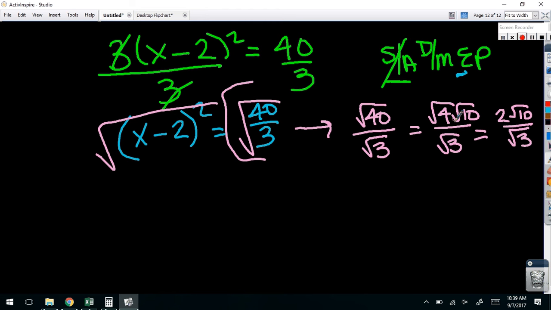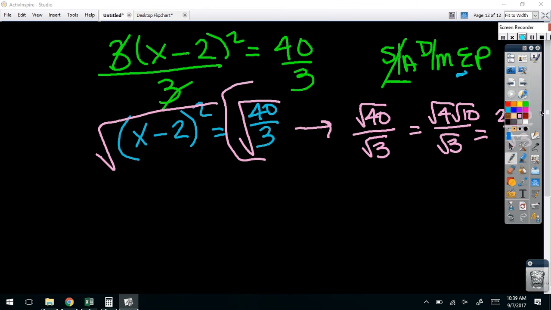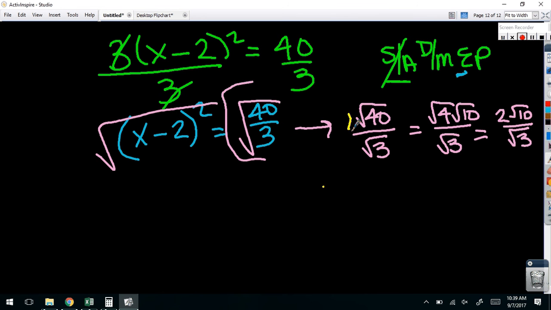We just simplified it, just like we did when we broke them apart. Does everybody see where? Look, square root of 40 is the only thing I've worked with here. That's the only thing I've changed as I went. Are y'all with me?